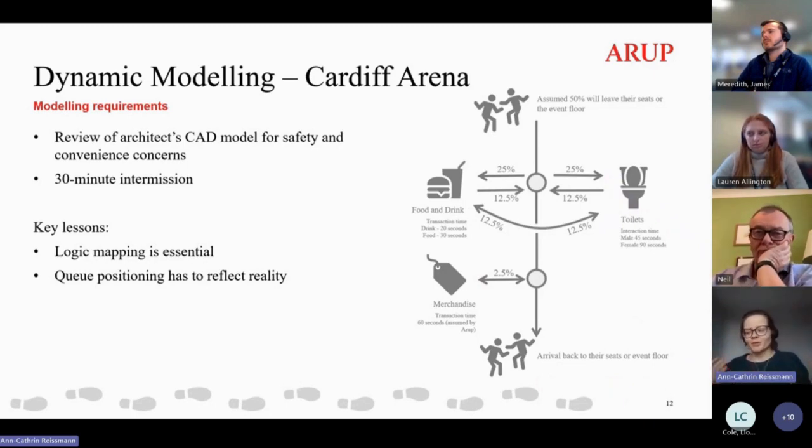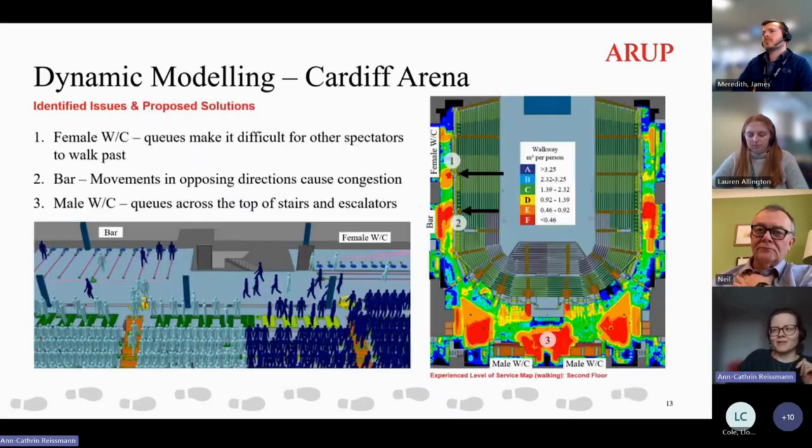So there's no point in optimizing a queue that loops around 5 different blocks up 3 stairs and into the next side room, because that keeps your aisles free if that is not how people are going to queue naturally. So that is definitely where personal experience comes in, having an understanding of how queues form generally. And as you can expect, it is quite busy, and so we did end up with some level of service plots that were quite red, as you can see on the right-hand side.